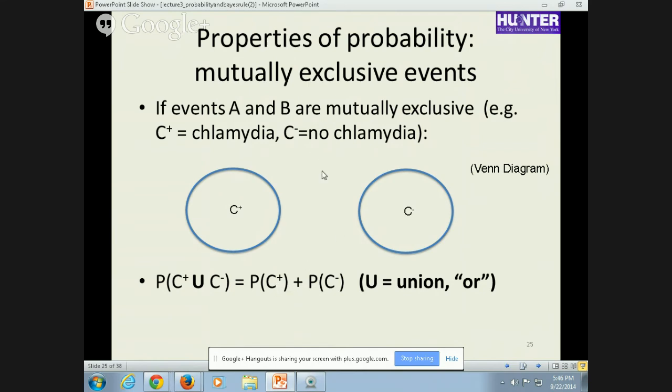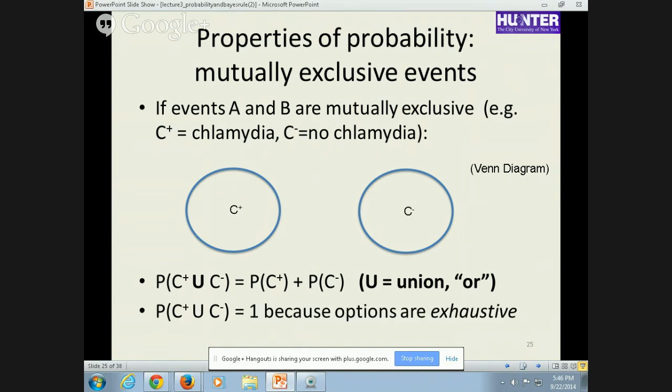So there's no intersecting region that we have to subtract for the union. And if these are exhaustive, as in there's no other possibilities, then that sum equals 1. Make sense? And conversely, the intersection is 0. There's no intersecting region.